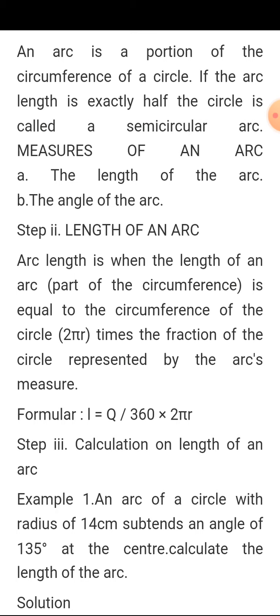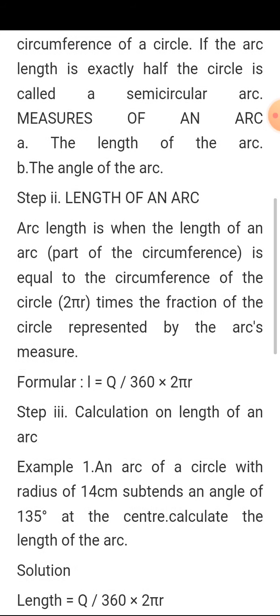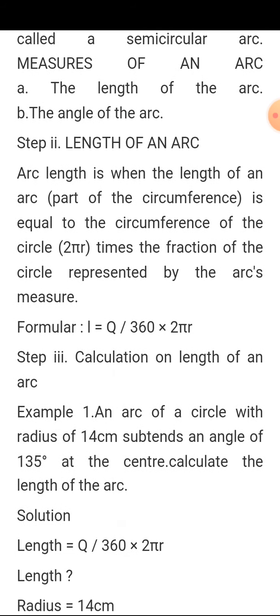That is what an arc length is. The formula: length L equals theta all over 360 multiplied by 2 pi r. Formula one more time: L equals theta all over 360 multiplied by 2 pi r.